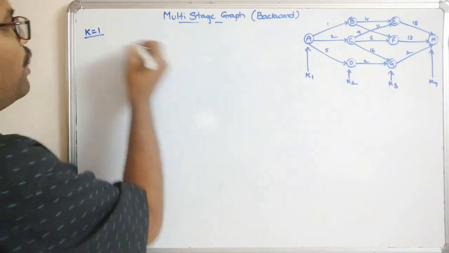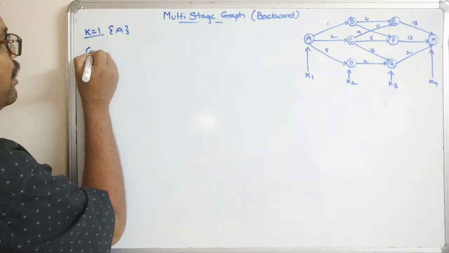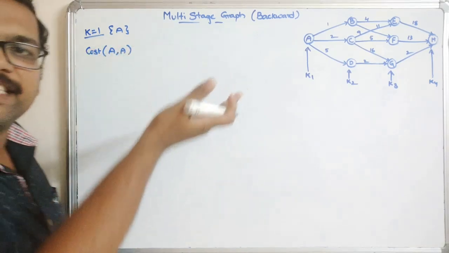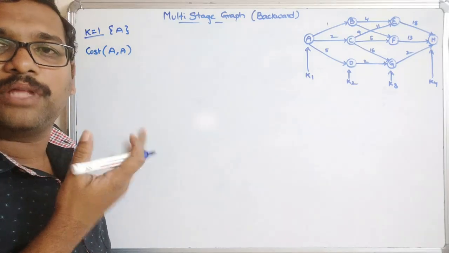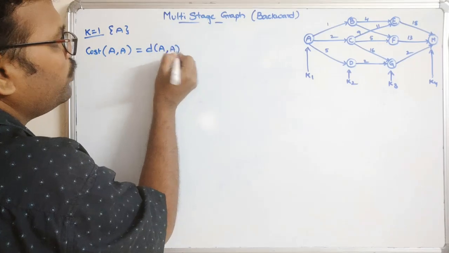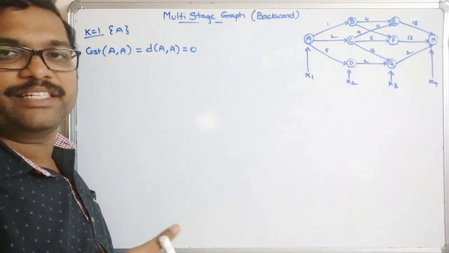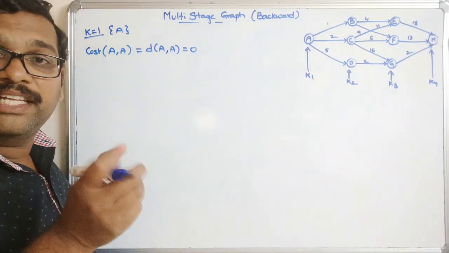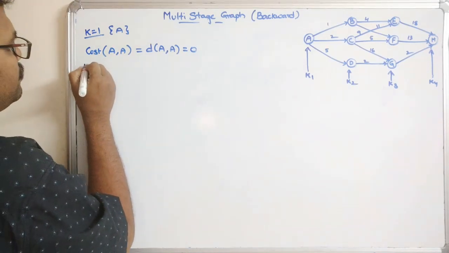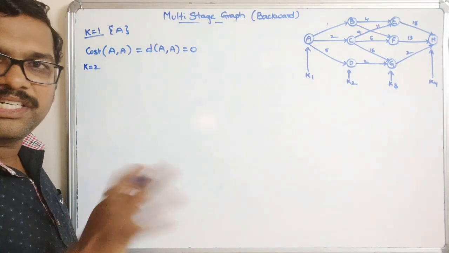Here K is equal to 1, which has only one vertex, so we need to find the cost of A to A. Here source and destination are equal, so the distance between A and A is 0, because we are at the source. There is only one vertex in stage 1 because it is the source.